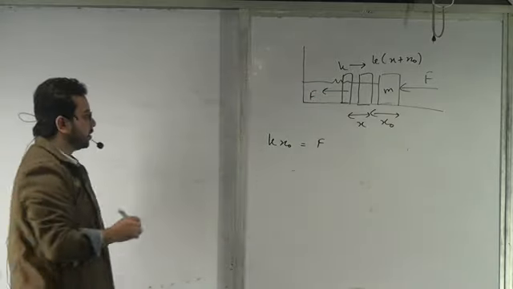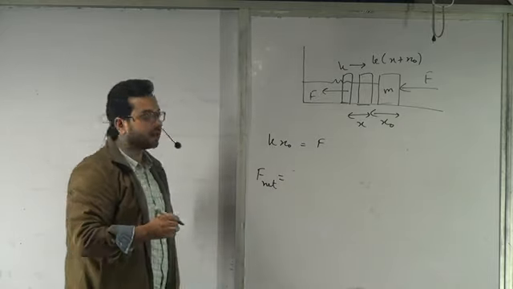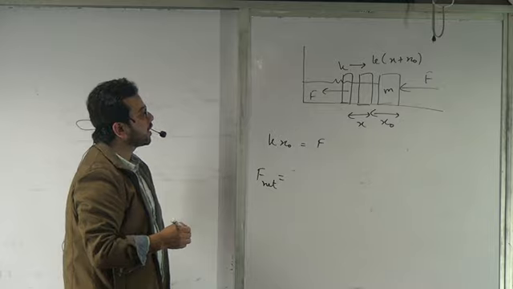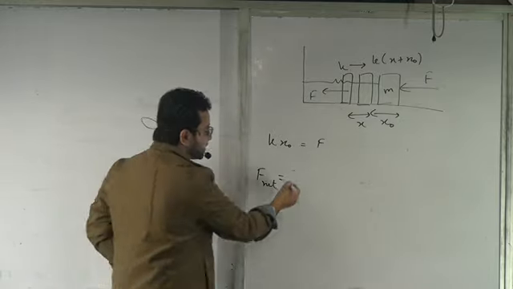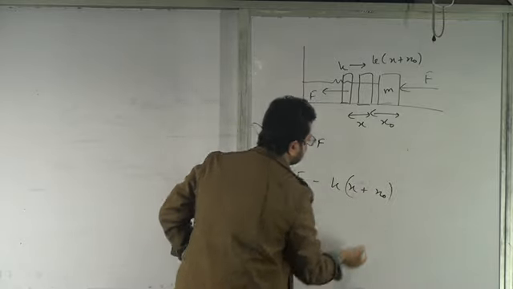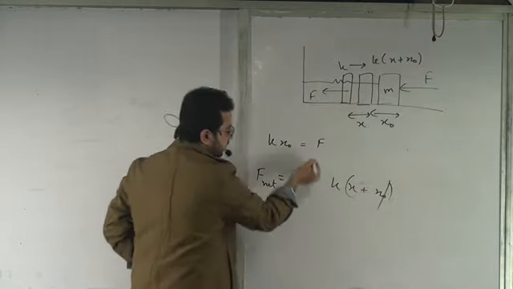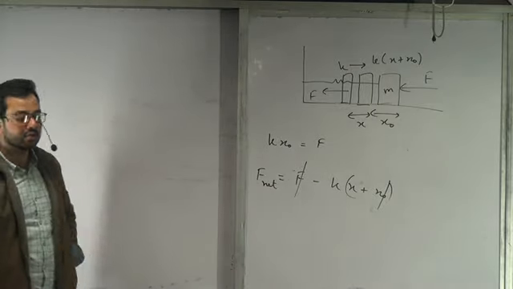Alright. So what will be the net force on the particle? The net force on the particle would be, and I have to take F as positive because that is in the direction of displacement, minus k(x plus x naught). So kx naught and F cancel out. So what do you get?